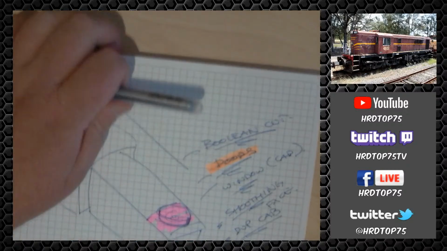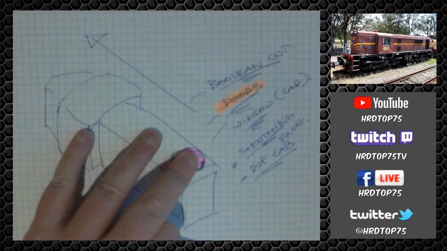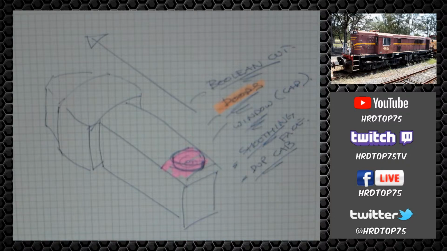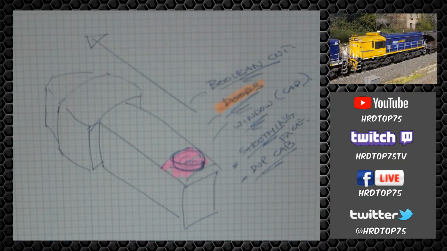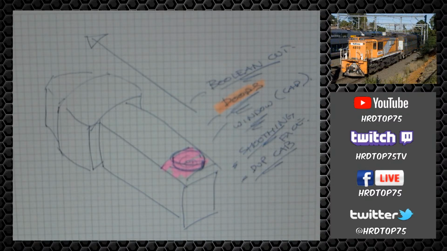Then I'm going to scale it. We're going to dupe the cab and we're going to scale it down, and we'll set the doors and everything to line up on that. So hopefully the outer shell and the cab inner shell should all line up.